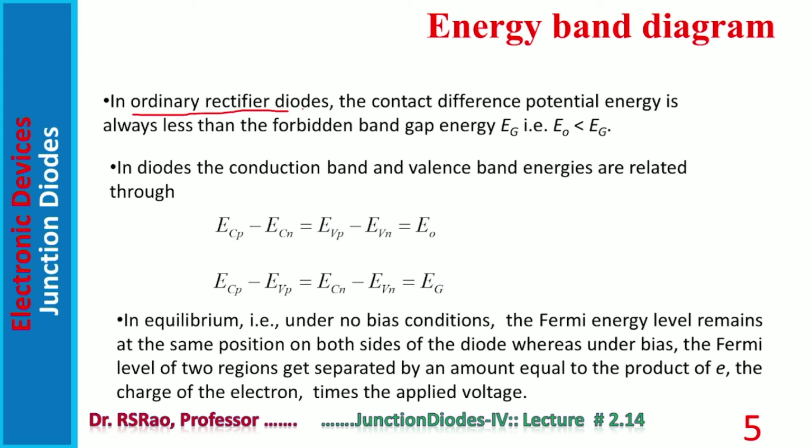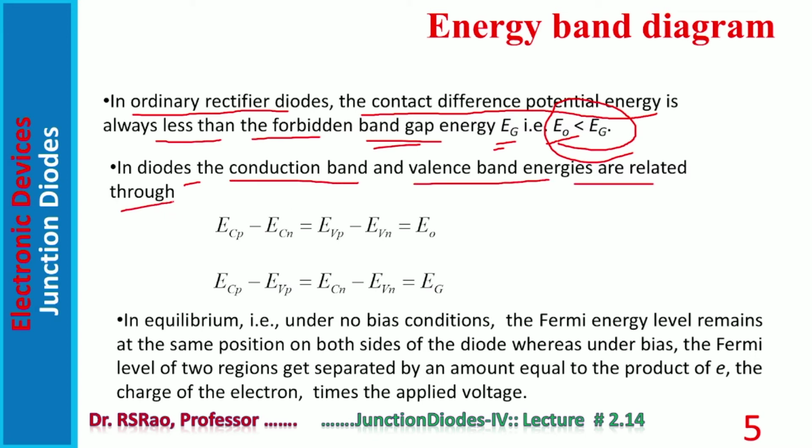In ordinary rectifier diodes, the contact difference potential energy, that is E naught, is always less than the band gap energy, Eg. That is, E naught is always less than Eg. In the diodes, the conduction band and valence band energies are related through ECP minus ECN is equal to EVP minus EVN, which is equal to E naught.